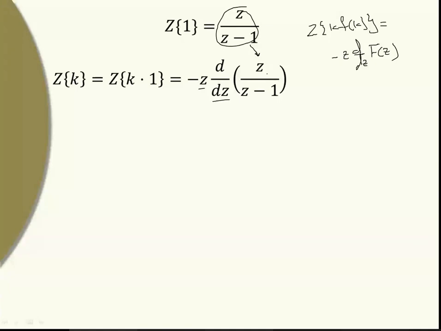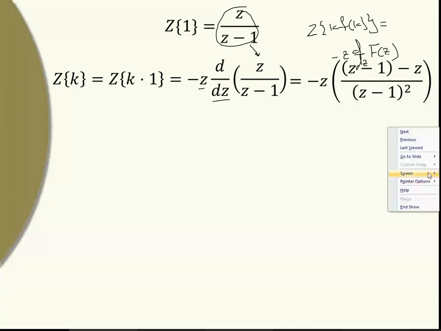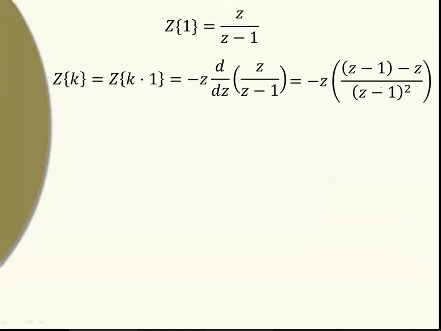Minus z, keep it as it is outside. So minus z into z minus 1 into the derivative of z, which is 1, minus z into the derivative of the denominator z minus 1, which is 1, divided by the square of this term, that is z minus 1 square.